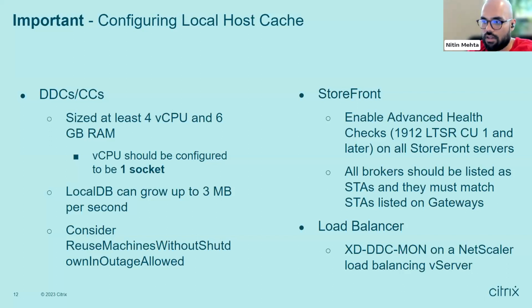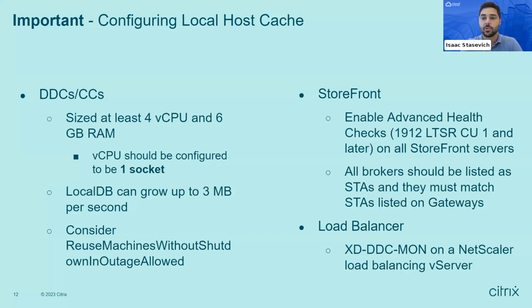I would recommend doing any change during a maintenance window, but Nitin is correct. It shouldn't impact anything when you make that change. One other thing to note on reuse machines without shutdown in outage: we actually have to set it in two places. One is at the site level, reuse machines without shutdown in outage allowed.